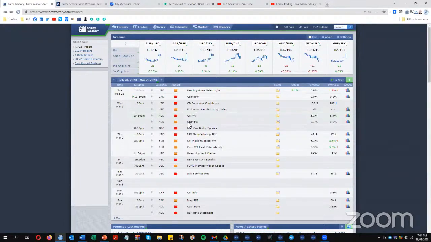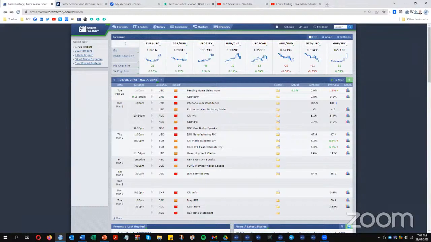We'll wait and see. Also GDP QQ. So that's what's coming out in the next 24 hours. It's not a very heavy week for news. Usually we have the job figures coming out from the US on the first Friday of the new month, but seemingly we're not having that. It is on the schedule for next week. I don't know why there's been a change this month coming, which will be the new month tomorrow.